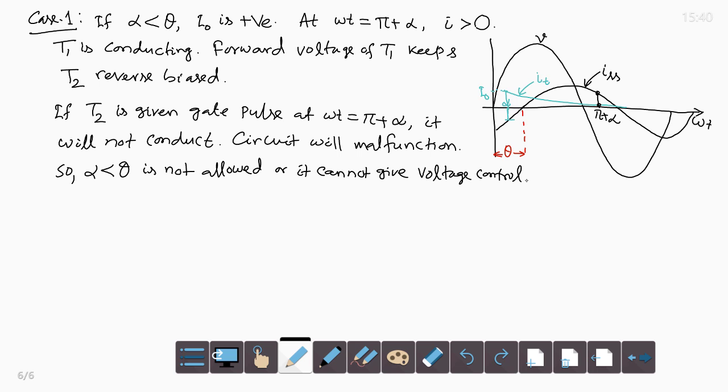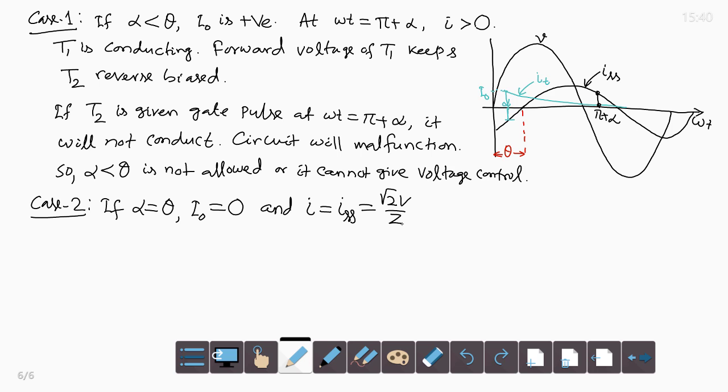Okay. Then let us go to the second case. If alpha equals to theta, as you can see, I 0 is 0. Initial value of the transient component is I 0 equal to 0, and I 0 equal to 0, then I equals to only the steady state current, that is root 2 V by Z sin omega t minus theta.